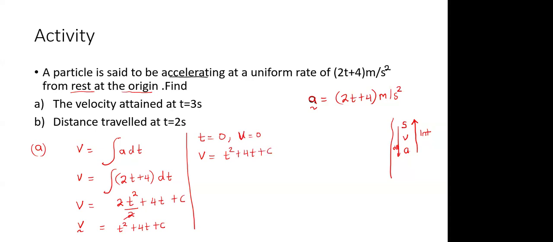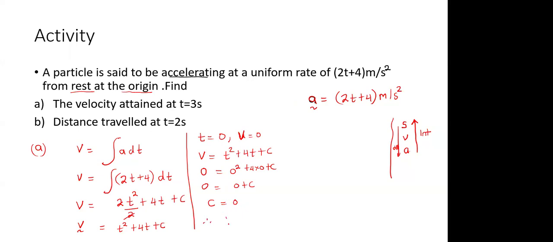Our initial velocity, which happens when t is equal to 0, we say is 0 equals 0 squared plus 4 times 0 plus c. Now, it means we shall have 0 equaling 0 plus c, and therefore c will equal 0. So the constant of integration c is equal to 0.